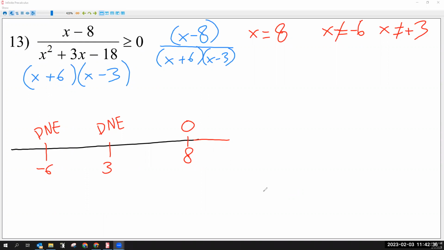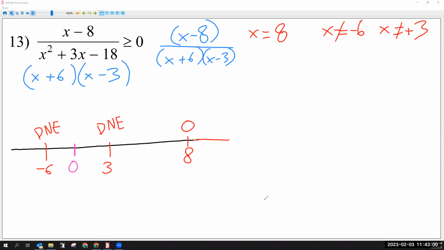Actually, for this one, what's a value I can plug in? Favorite one to use? 0. Where is 0 located? Left of 3. So right there. There's going to be my 0. If I plug 0 in, for this one, I'll look at the original.